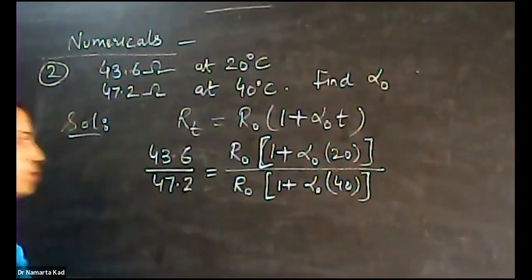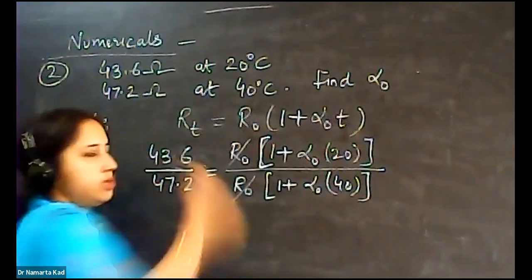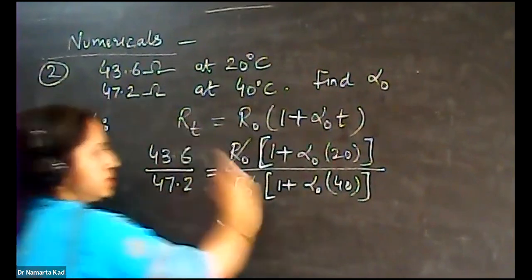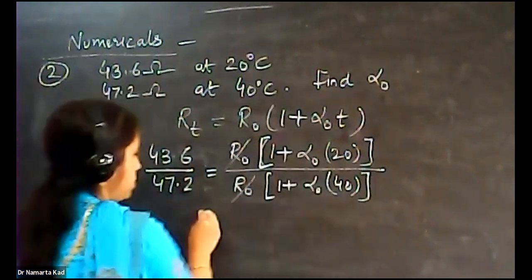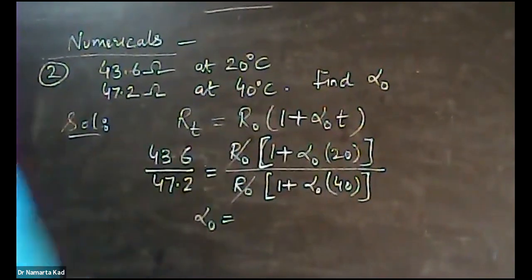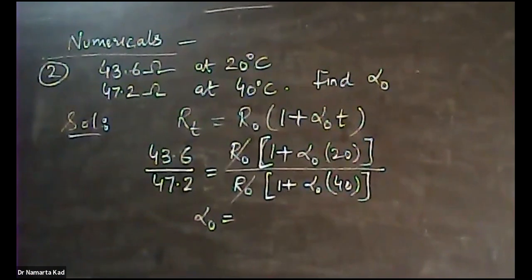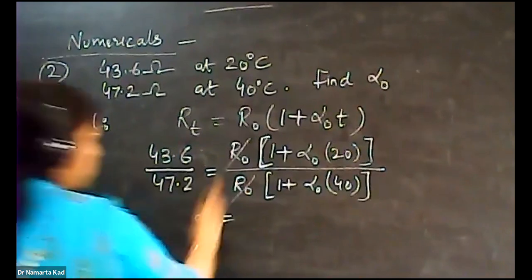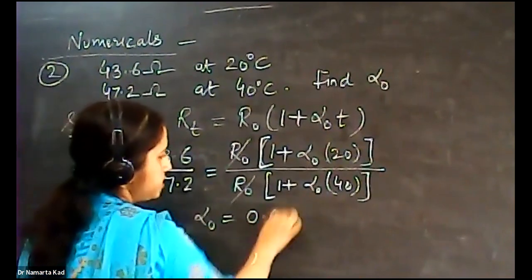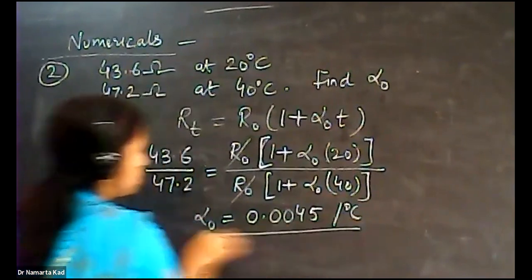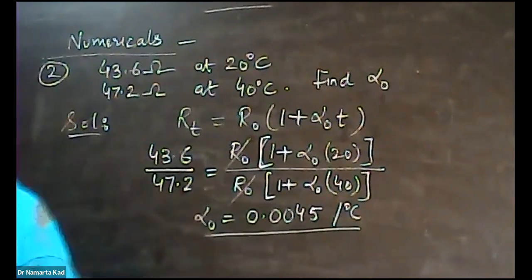Just dividing these two equations, my R naught cancels out, and I have to solve this step to find alpha naught. Now solve it and give me the answer. The answer for this numerical, alpha naught comes out to be 0.0045 per degree C. So this is the answer for alpha naught.